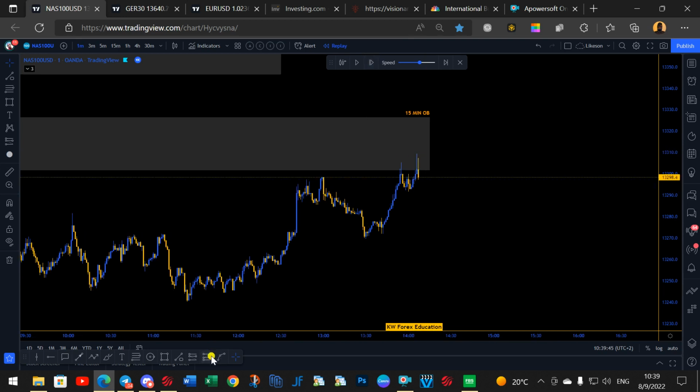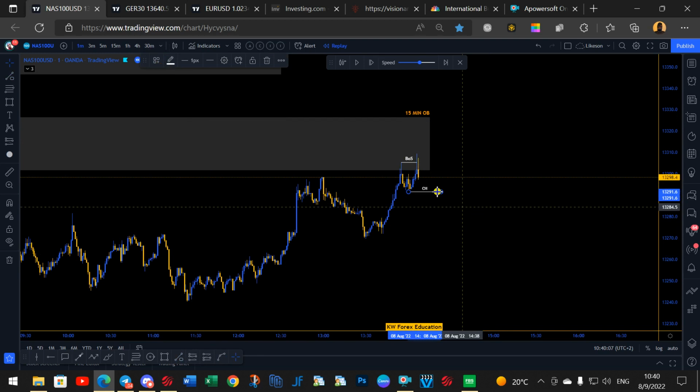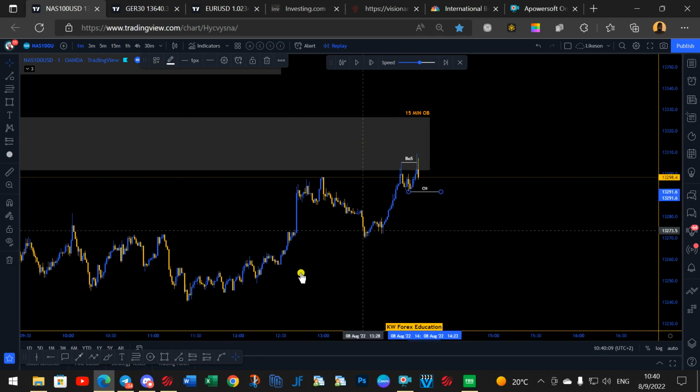So currently I was going to mark it like this. This was going to be my break of structure, and this one was going to be the lowest point where I would expect a change of character, but so far it's not yet a change of character, right?